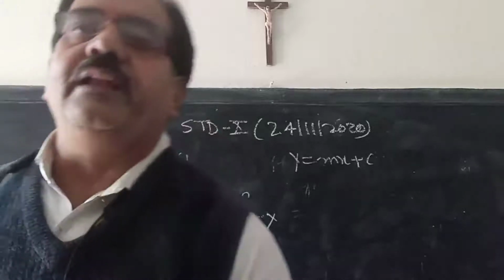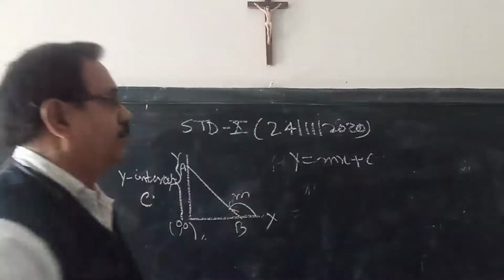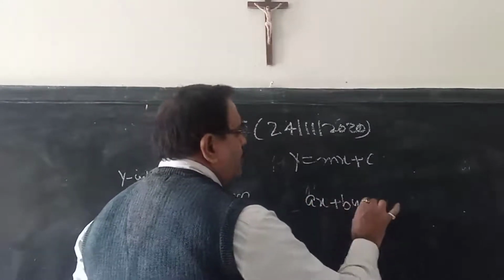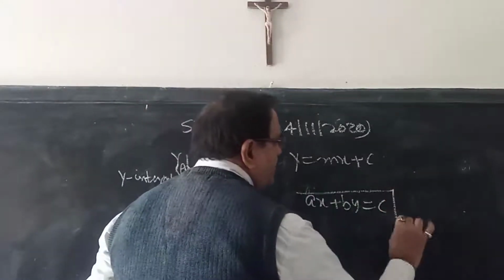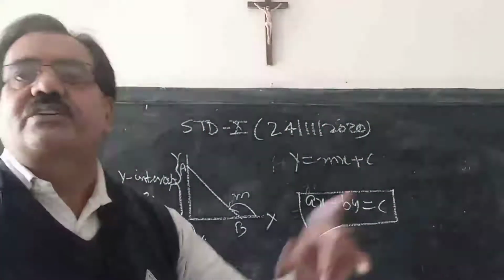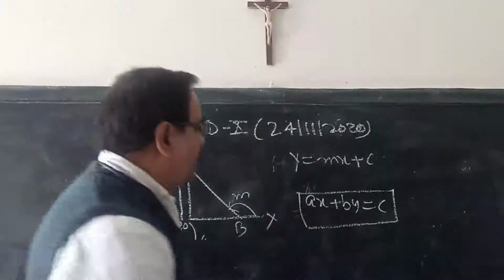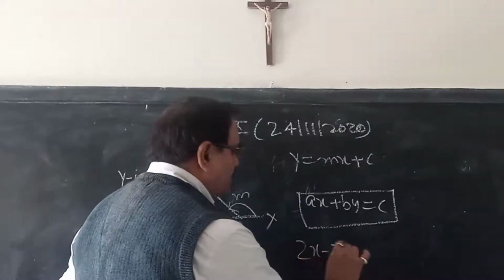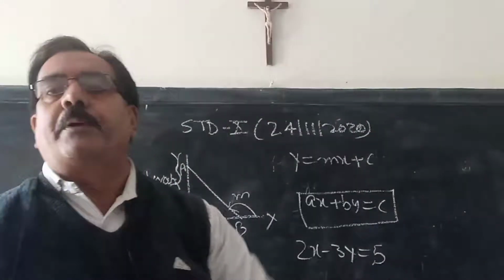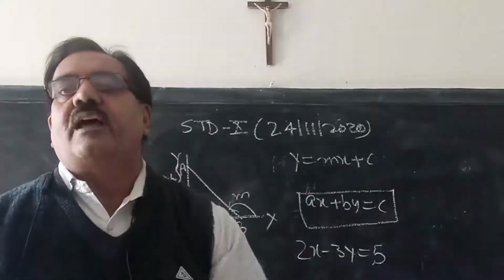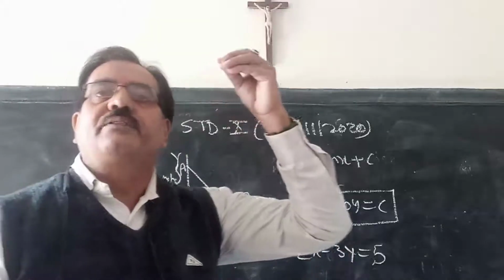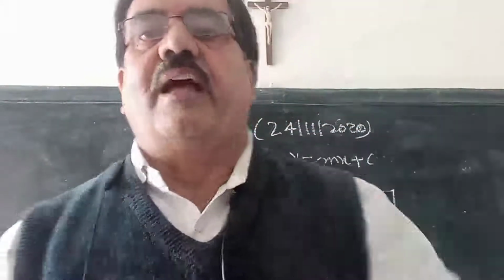When you write any equation of a straight line, this is the standard form: ax plus by is equal to c. You have studied in 8 and 9, when we draw, suppose, 2x minus 3y is equal to 5 on graph paper, we get a straight line. It means this type of equation always represents a straight line.